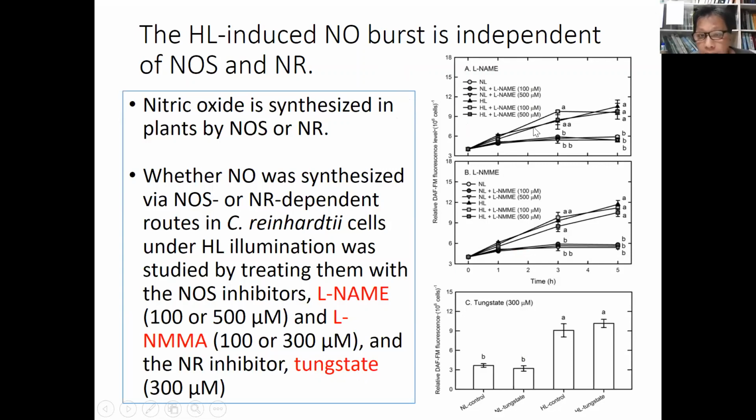However, we found that these inhibitors cannot inhibit the NO production under high light conditions, such as this one and this one and also this one.